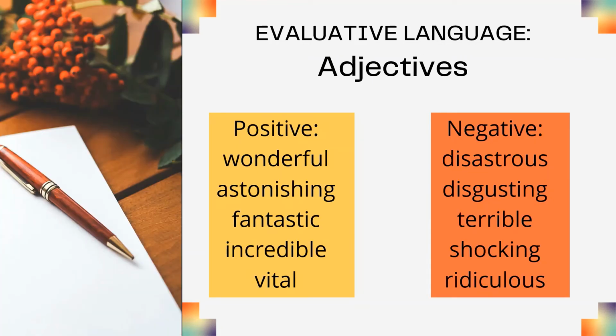I also used adjectives, which help me in expressing the feelings and opinions I have about the idea. It can have positive or negative effects on the discussion of the topic. Examples are wonderful, astonishing, fantastic, incredible, vital. For the negative, disastrous, disgusting, terrible, shocking, or ridiculous.